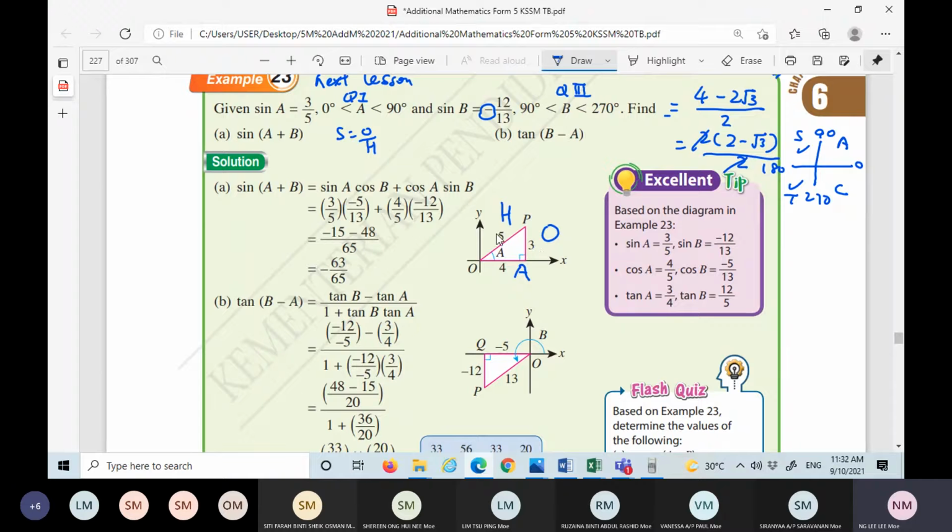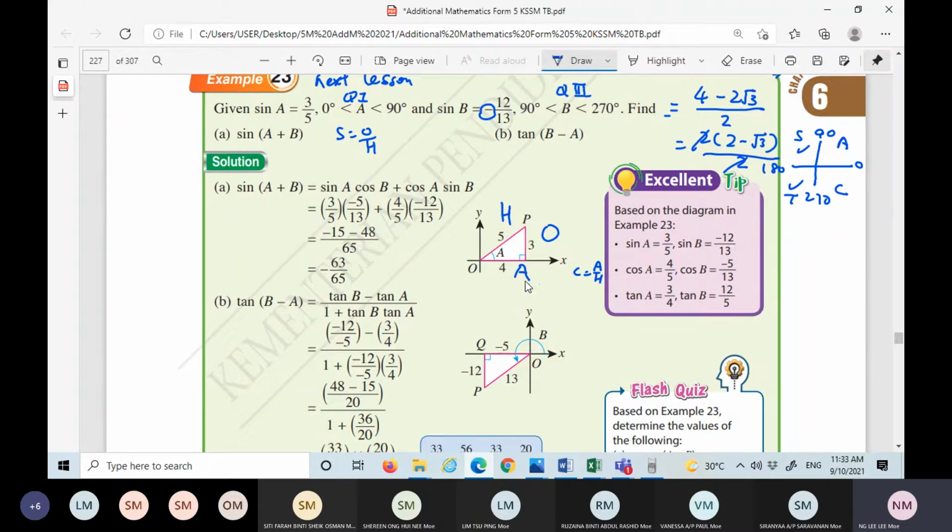So 3/5, O over H. Fill out the third side using Pythagoras theorem. So 3, 4, 5 Pythagoras triple. So this is 4 here for adjacent. So you write out for cos A. Cos is what? CAH.